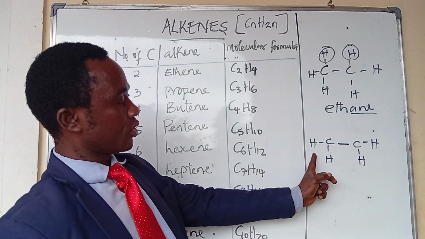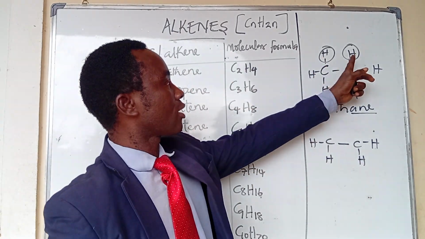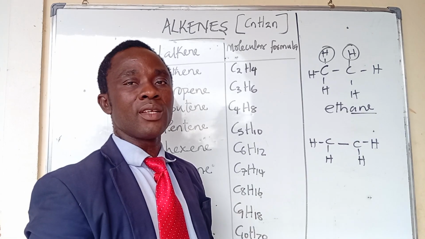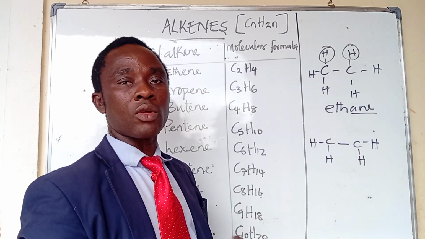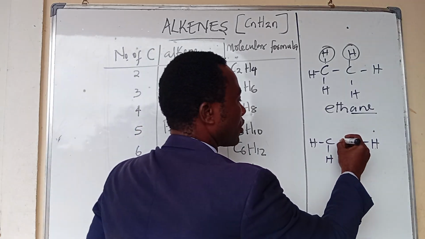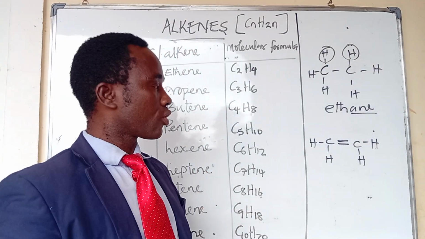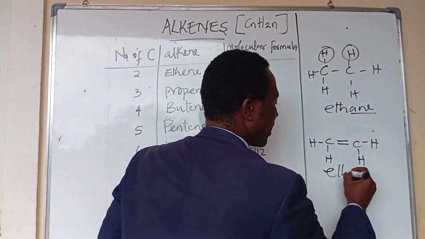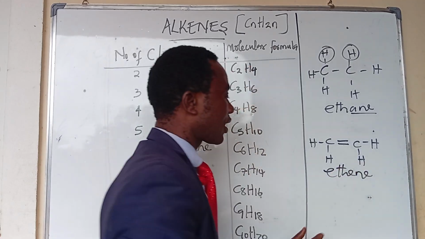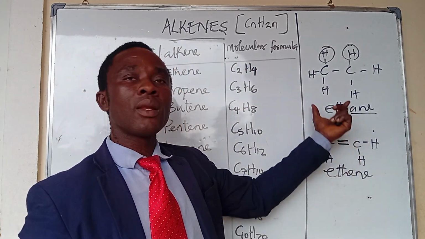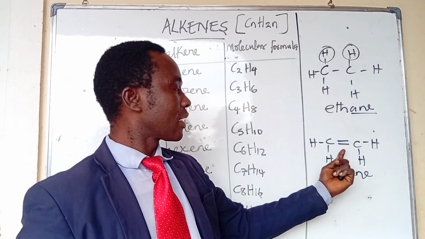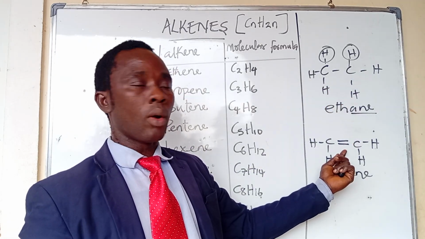Now you see that there is removal of a hydrogen atom from here to here. Whenever there is a removal of atoms on either carbon atom, a double bond is introduced. So this is ethene. So we can now see that ethene has two hydrogen atoms less than alkane, and there is the presence of a double bond.